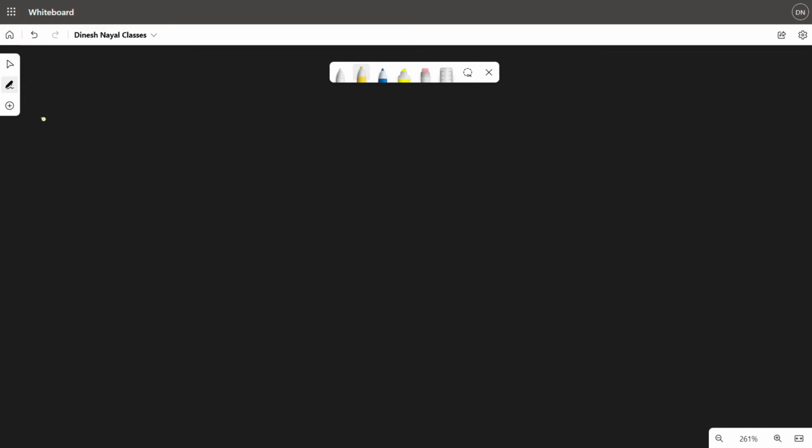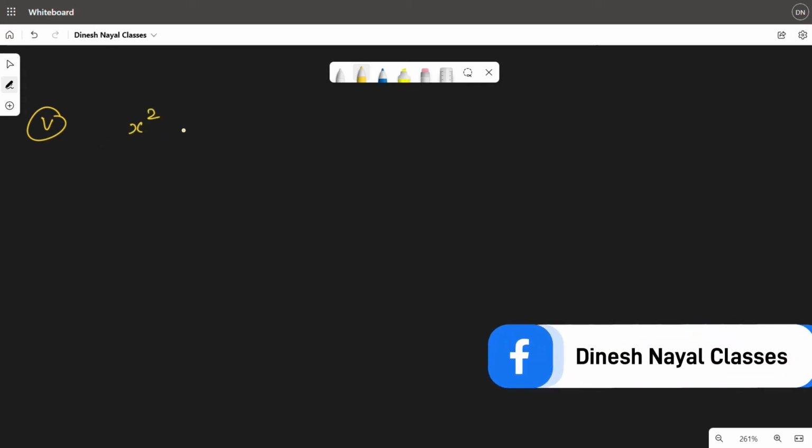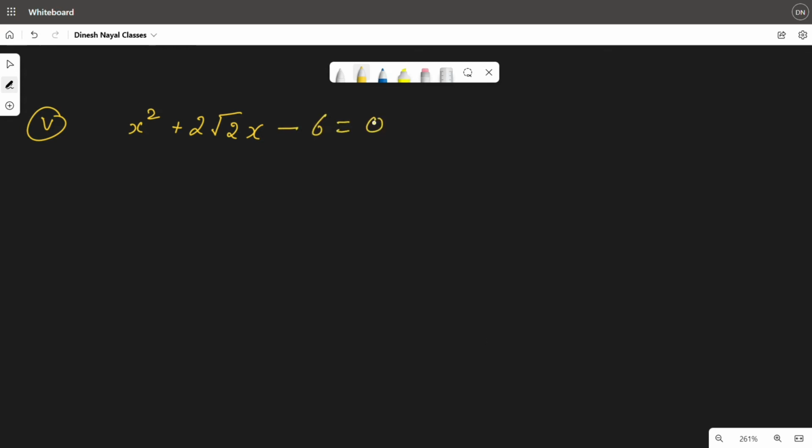Fifth part is x square plus 2 root 2x minus 6 equals 0. Now comparing it with the general equation ax square plus bx plus c equal to 0, we get a equals 1, b equals 2 root 2 and c equals minus 6.